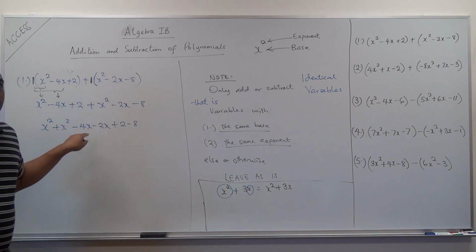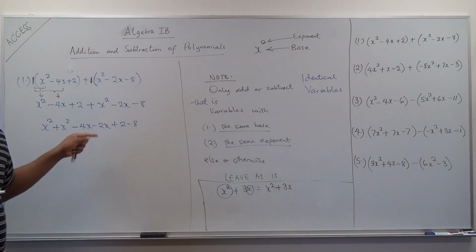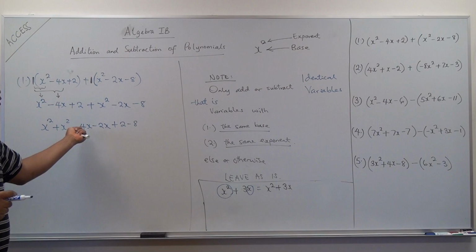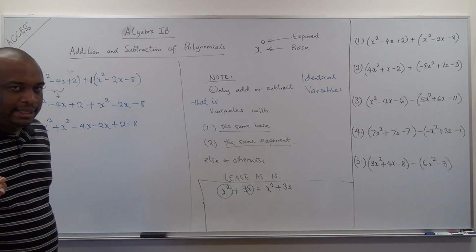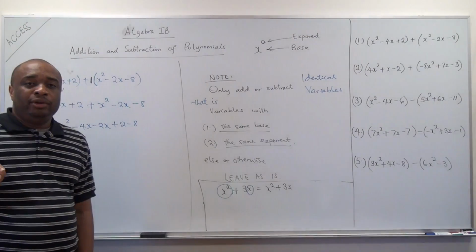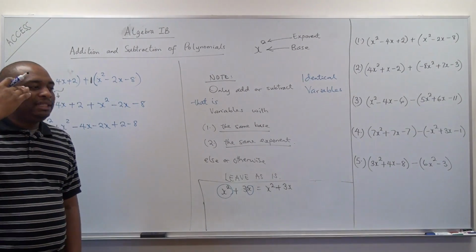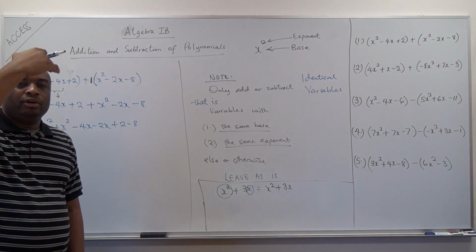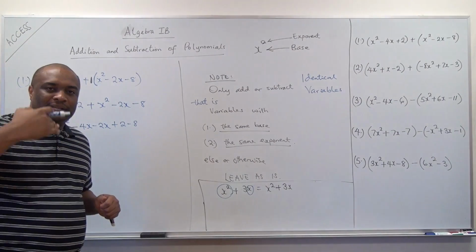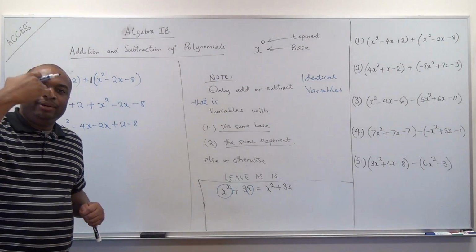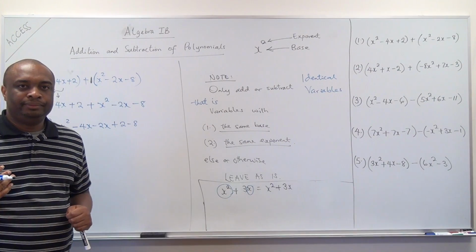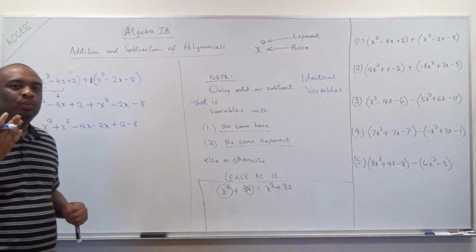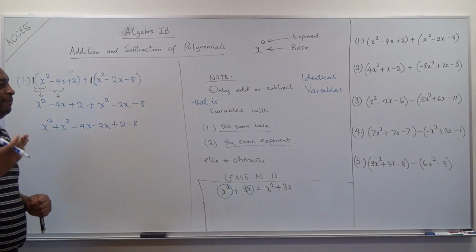Another thing is that you might ask me, why would you start with x squared? Why don't you start with negative 4x? That's a good question if you ask that. It's good to start in descending, decreasing powers of x, decreasing powers of the variable. We always want to start with the decreasing powers of the variable.